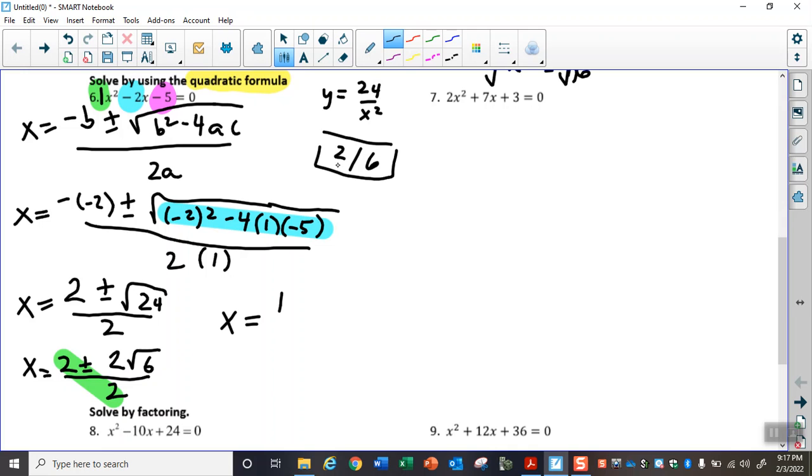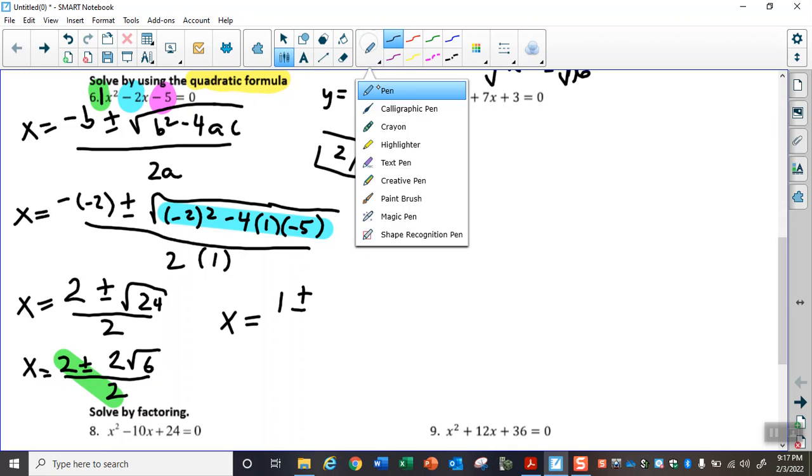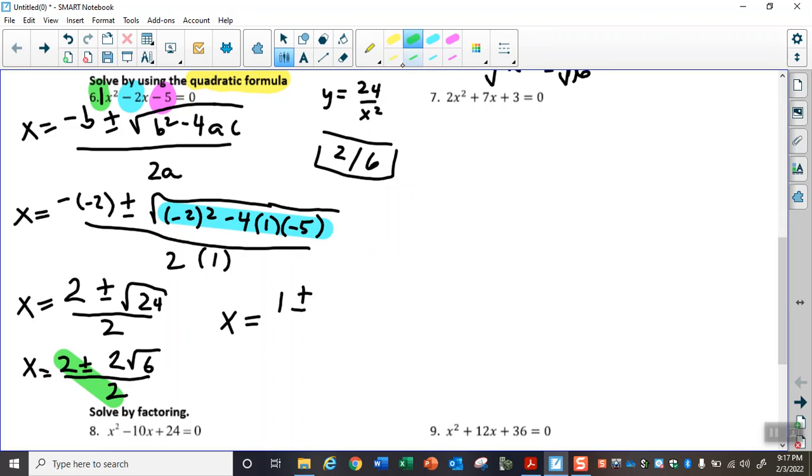And then I've got plus or minus, and then I'm going to take 2 square root of 6 divided by 2. So these 2's cancel out. So all that is left is the square root of 6.